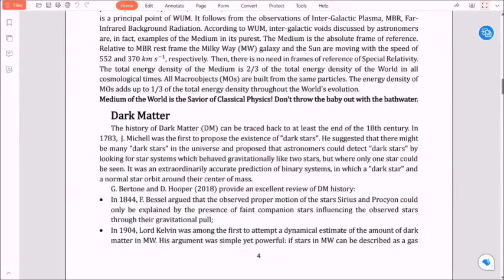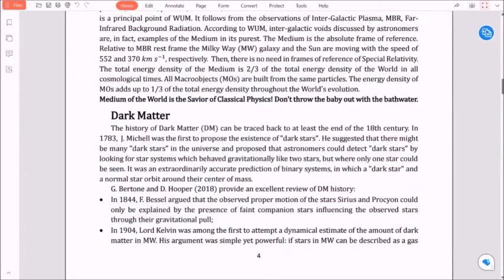In 1844, Bessel argued that the observed proper motion of the stars Sirius and Procyon could only be explained by the presence of faint companion stars influencing the observed stars through their gravitational pull. In 1904, Lord Kelvin was among the first to attempt a dynamical estimate of the amount of dark matter in the Milky Way.